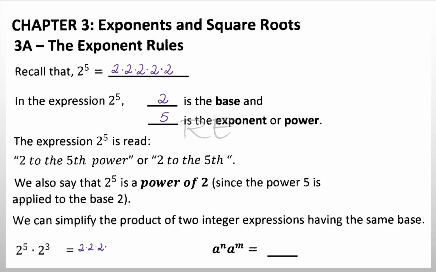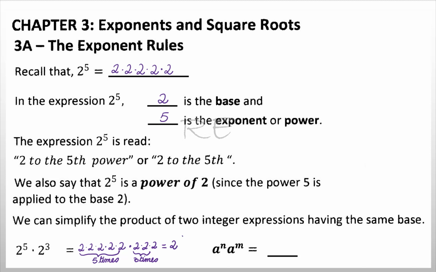2 to the 5th times 2 to the 3rd, if we expand, is 2 times 2 times 2, 5 times, multiplied by 2 times 2 times 2, 3 times. Now the shortcut for this is to say that it's 2 to the 5 plus 3, which is 2 to the 8th.